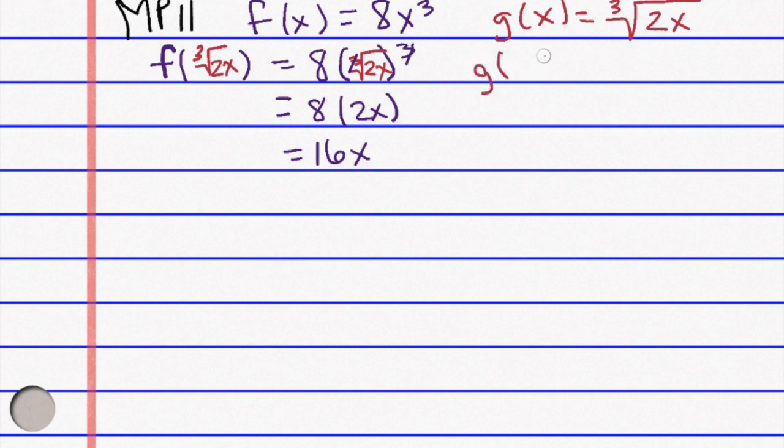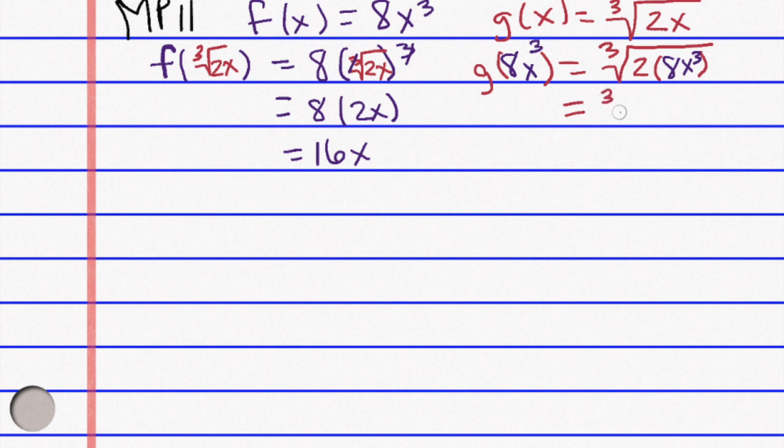So g of x is going to be the cube root of 2 times the f function, so 8x cubed, and I'm going to put 8x cubed here. Now let's clean it up and finish it.